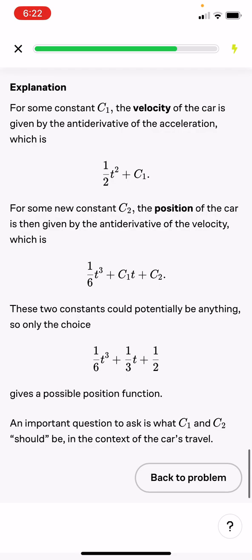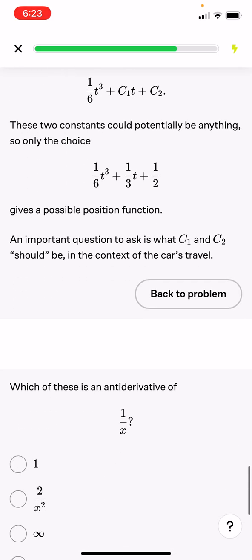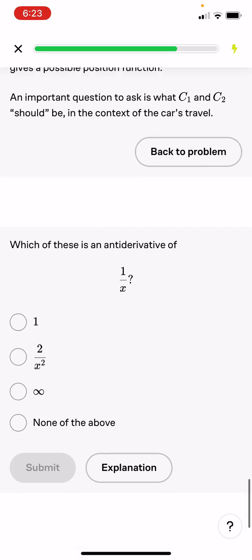So for a new constant c2, the position of the car is then given by the antiderivative of the velocity, which is 1 over 6 t to the third plus c1 t plus c2. These two constants could potentially be anything, so only the choice 1 over 6 t to the third plus 1 over 3 t plus 1 over 2 gives a possible function. An important question to ask is what c1 and c2 should be in the context of the car's travel.